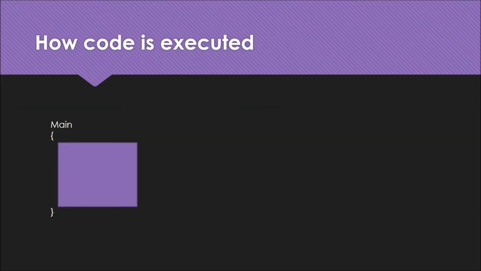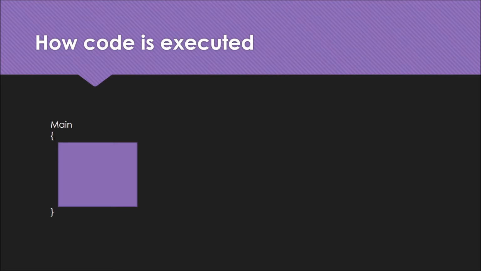So the question comes up, how does this code execute? If you have noticed, you normally have a class. The class defines the program that you are running, and every program has this main function.